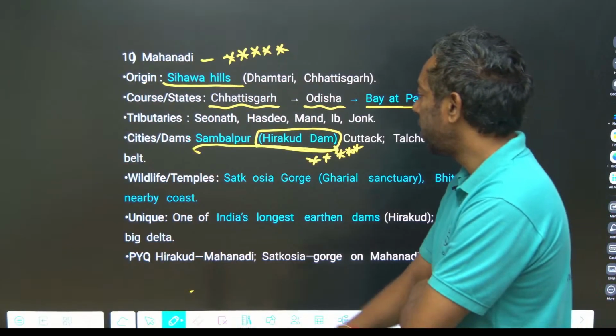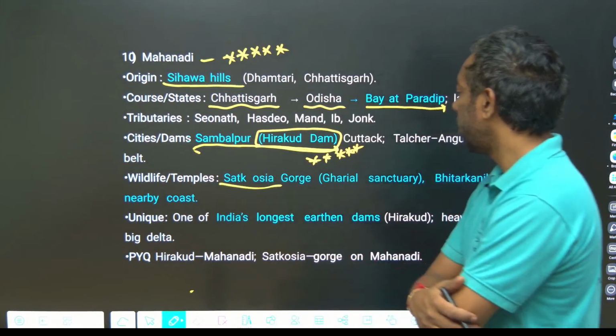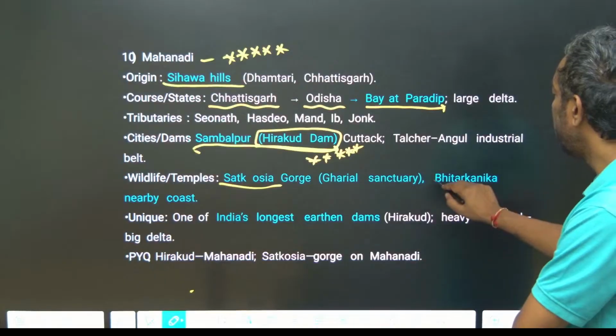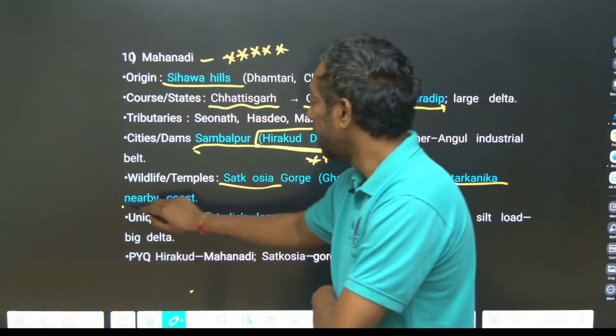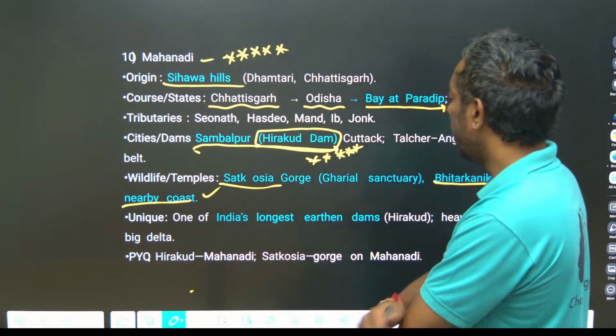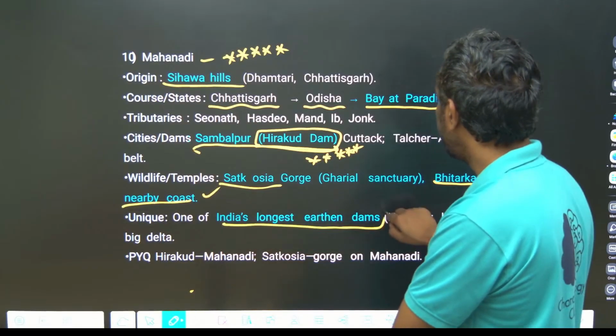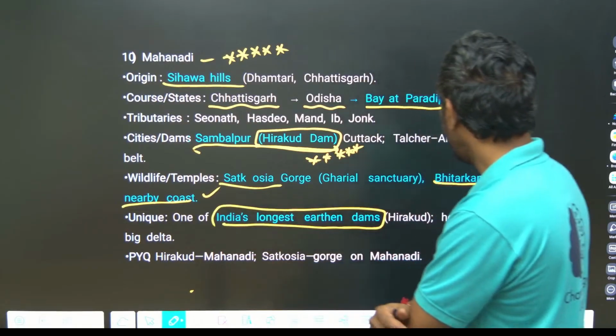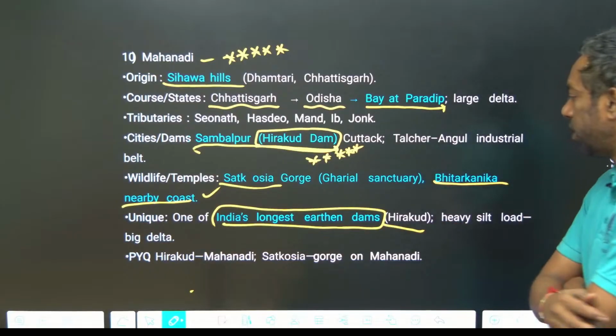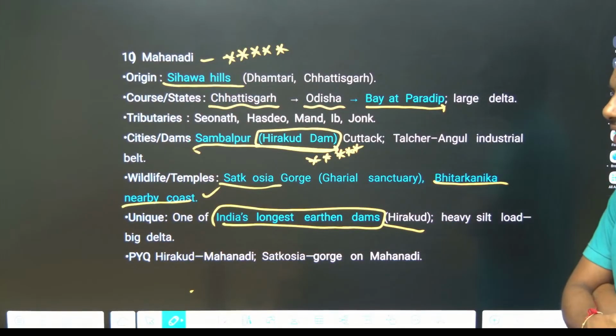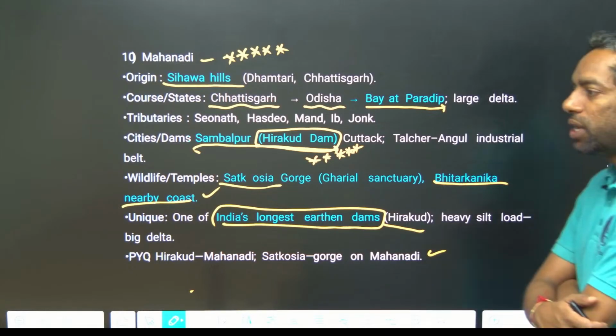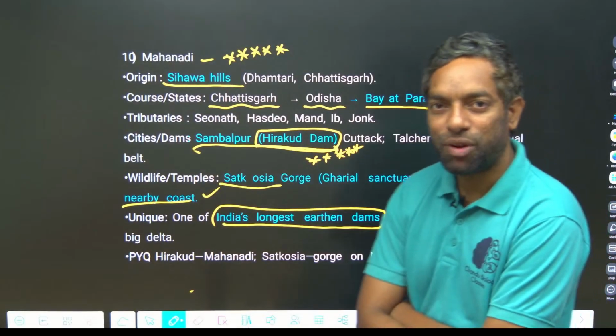Wildlife and temple, Satkosia Gorge is there, near Bhitarkanika coast. India's longest earthen dam, that is Hirakud Dam. Hirakud, Mahanadi. Satkosia Gorge is on Mahanadi. This is PYQ, guys. I hope you guys understand about Hirakud.